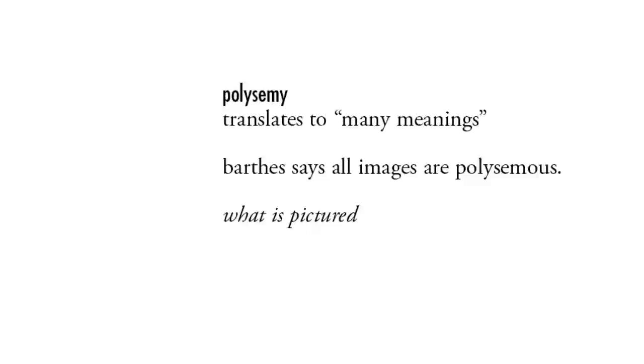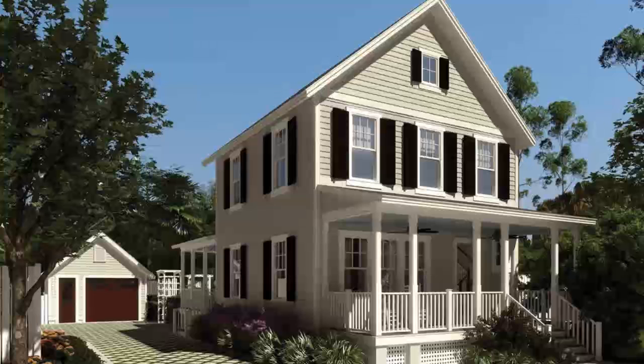And so it is what is pictured, but that thing that is pictured could go in a lot of different directions. So take this house. What all could it mean? It could mean affluence. It could mean home sweet home.